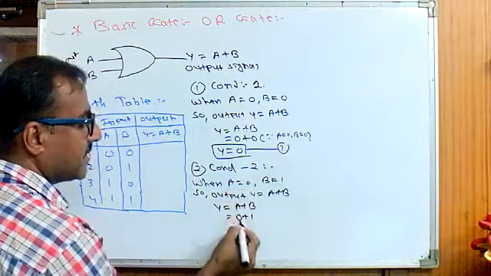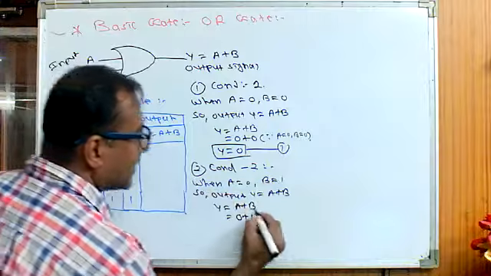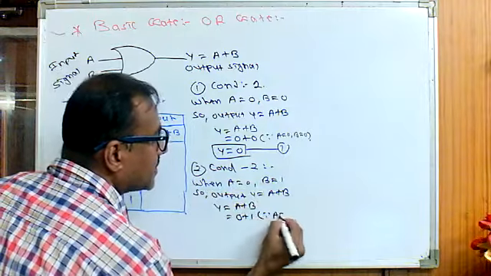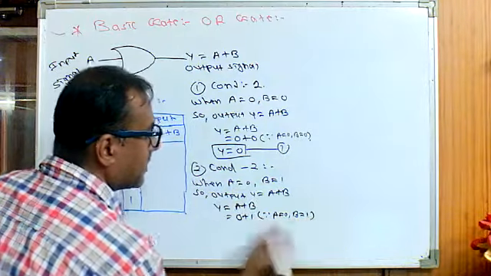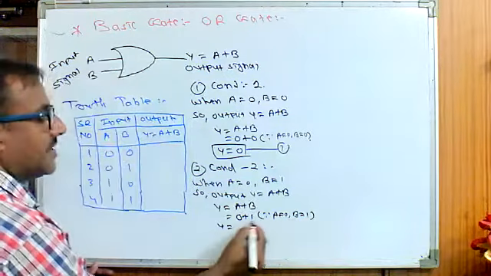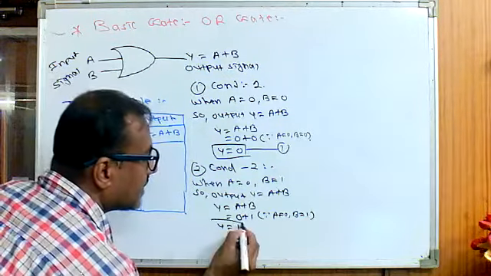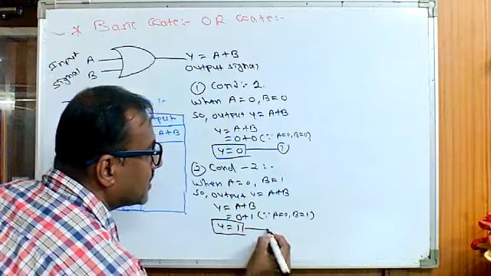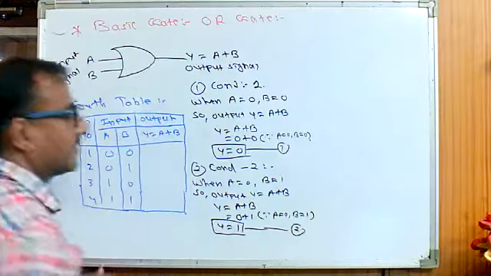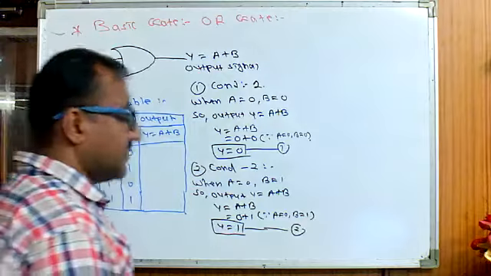The A value is 0 and the B value is 1. So Y is equal to 0 plus 1, which means 1. In the second condition, 0 plus 1 is 1.